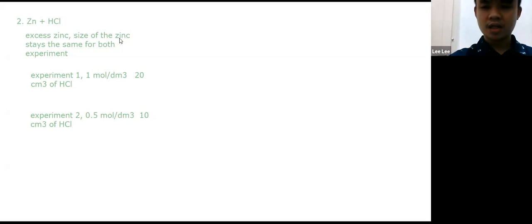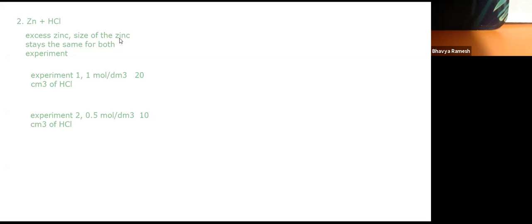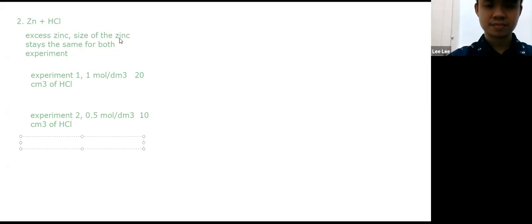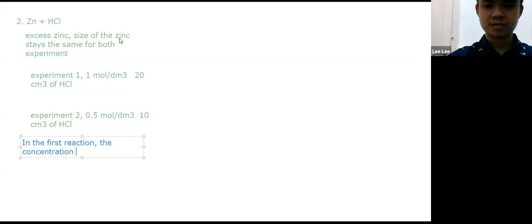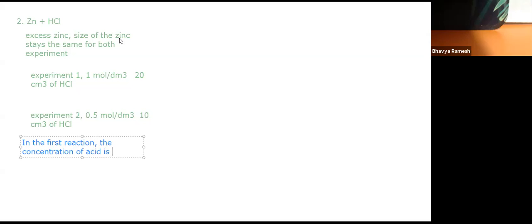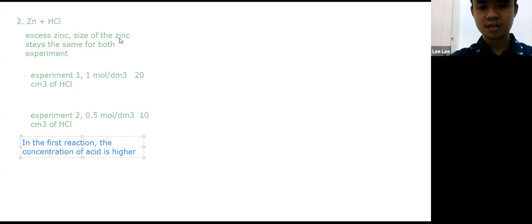So which one has a high concentration of acid? So in the first reaction, the concentration of acid is higher. What's the definition of acid? So they have more amount of what?